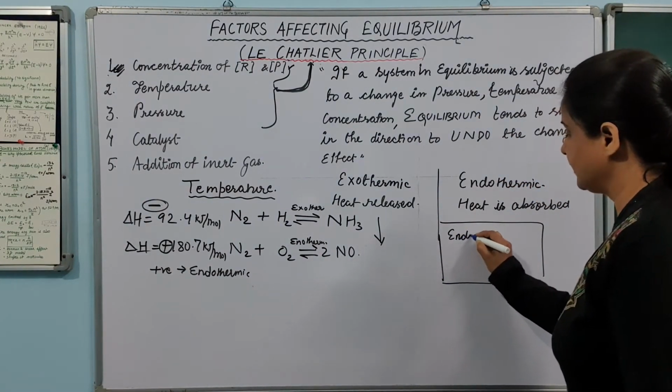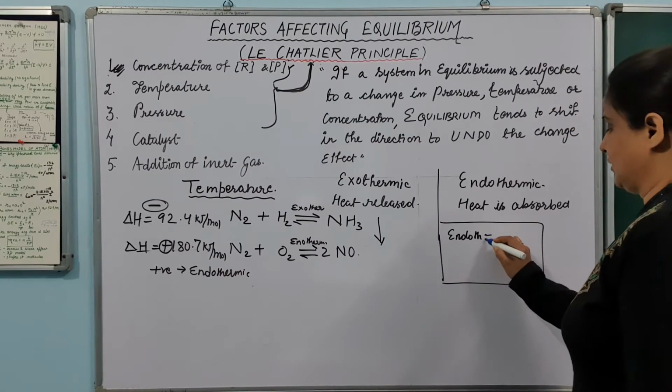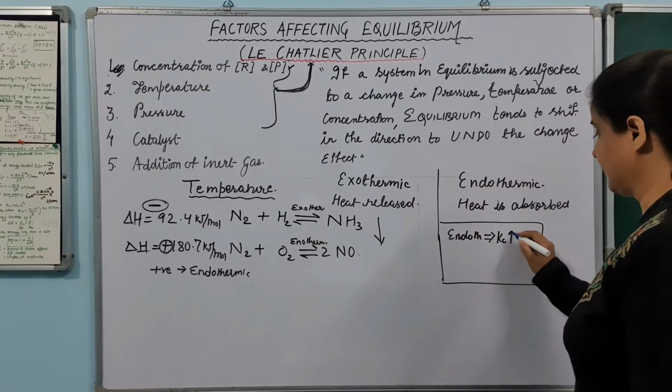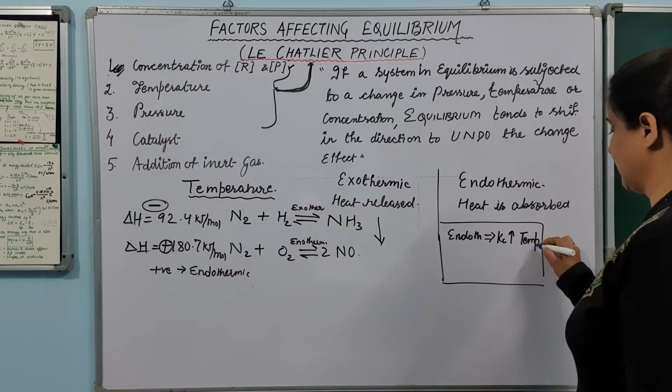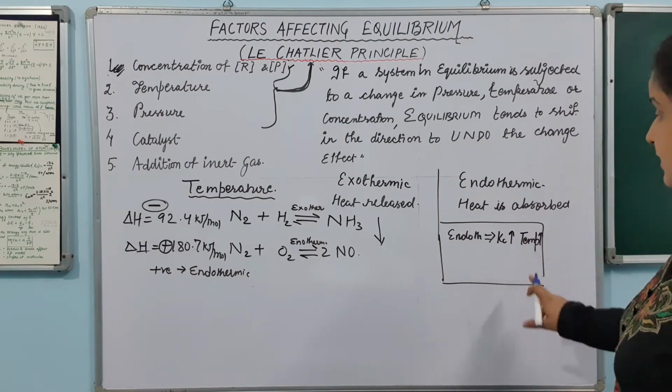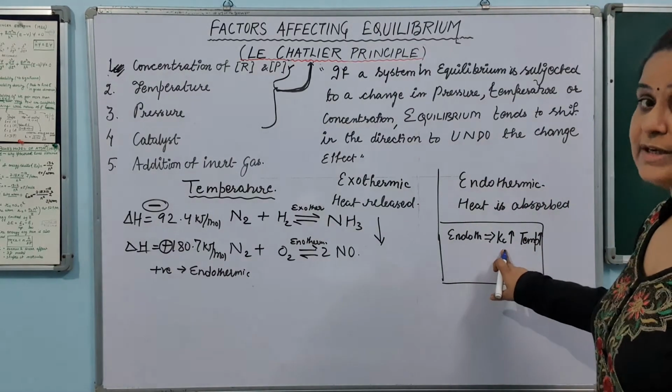एंडोथर्मिक रिएक्शन के लिए Kc हायर होगा if temperature is high. If you want to shift your reaction to the product side, increase the temperature so that Kc will be increased.